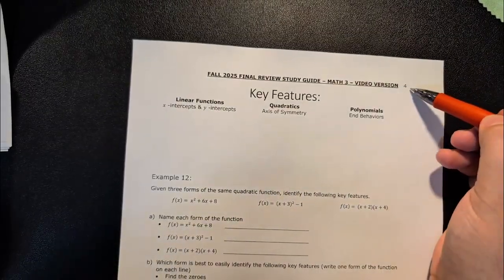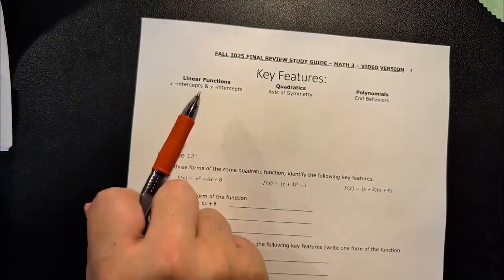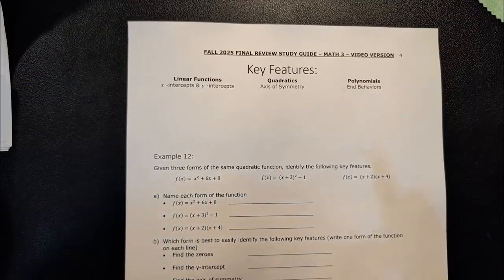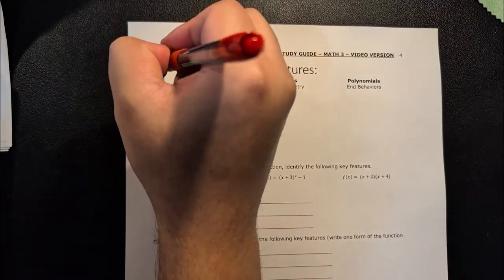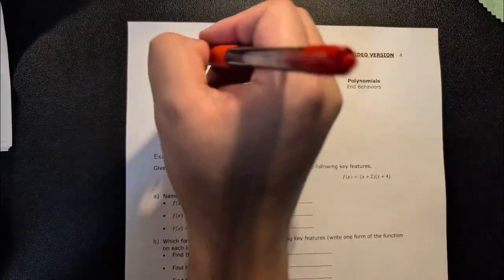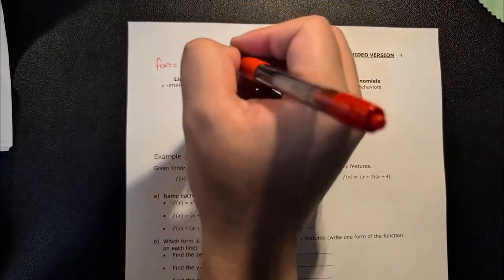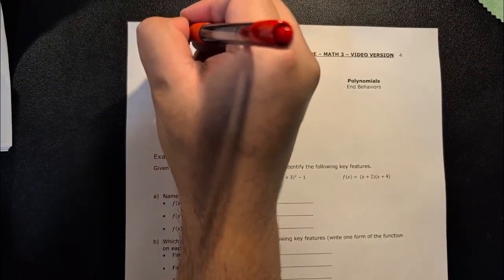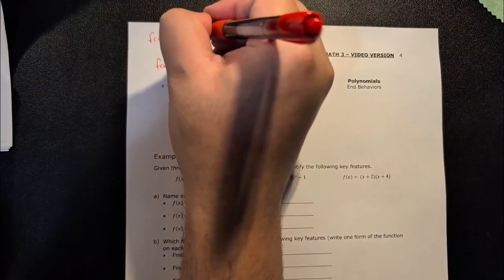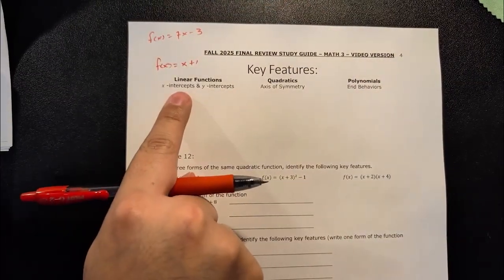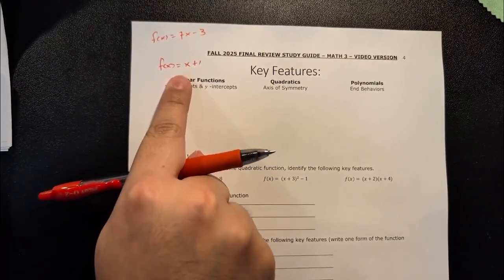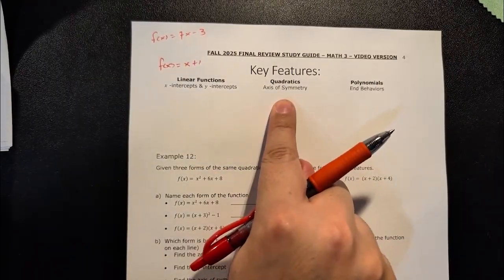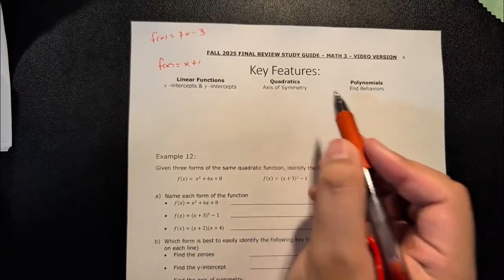Okay, now we're on page number 4, looking at key features of linear functions, quadratics, and polynomials. For linear functions, this could be something like f of x is equal to x plus 1, or f of x is equal to 7x minus 3. The highest power of x in linear functions is 1. For quadratics, we want to look specifically at the axis of symmetry.